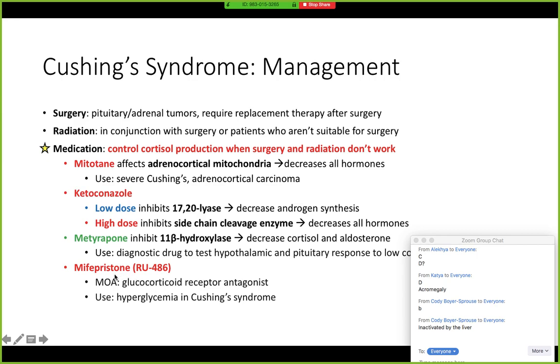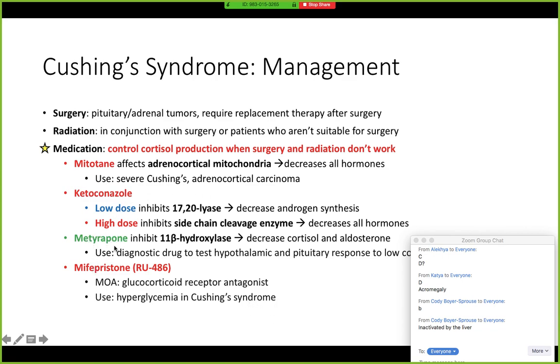And then the last one here is the mifepristone. That drug, you're probably familiar with it. It's used as an abortive drug, but it's actually also a glucocorticoid receptor antagonist, and it is used to treat hyperglycemia and Cushing's syndrome.